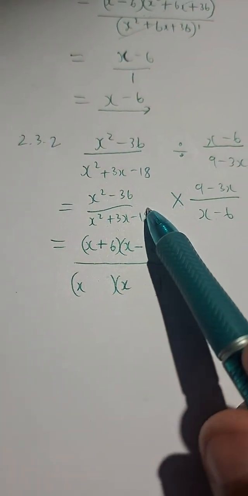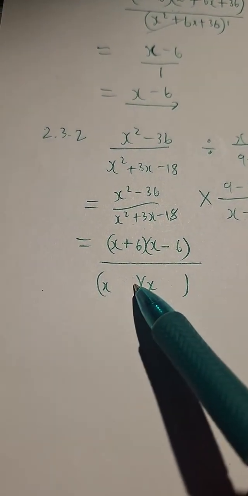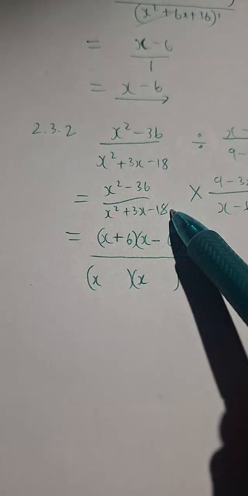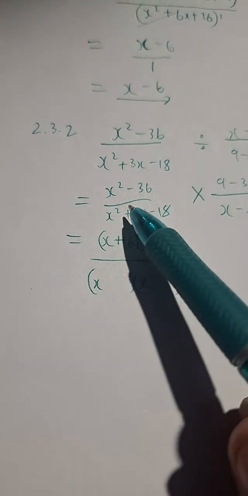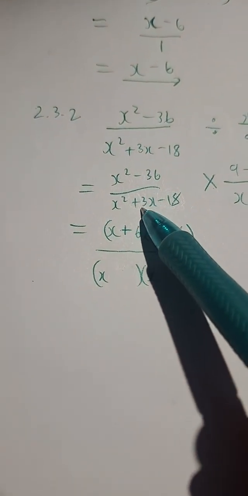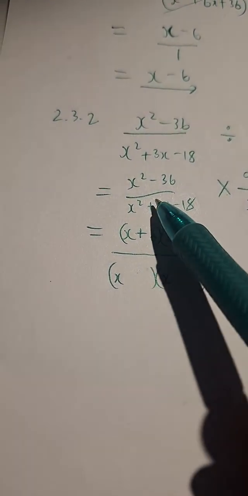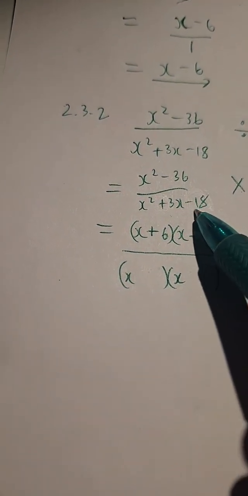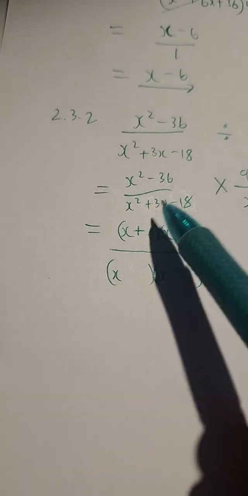But the highest factor from the factors of 18 is going to have the sign of the middle term. The highest factor out of the factors of 18 is going to have a positive sign. I repeat, the highest factor out of the factors of 18 is going to have a positive sign.